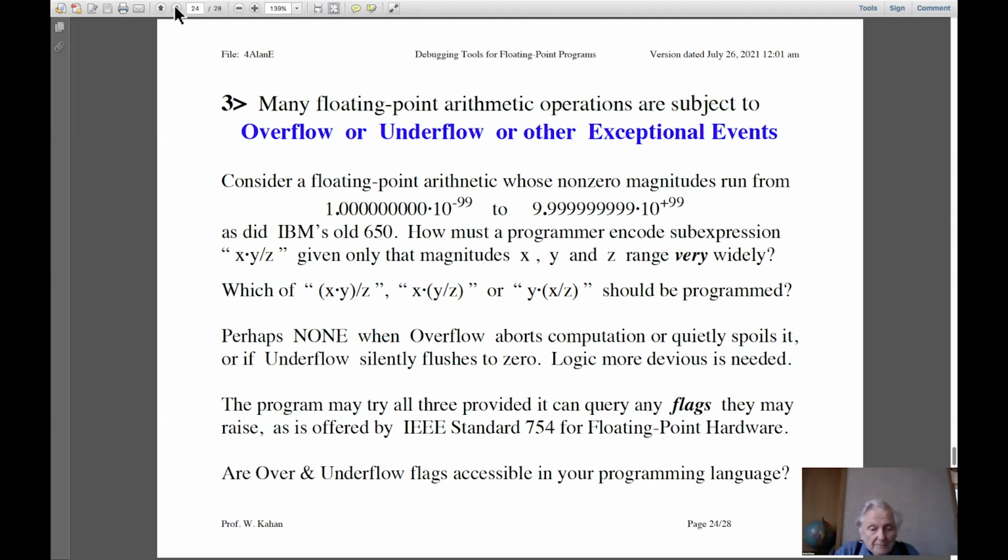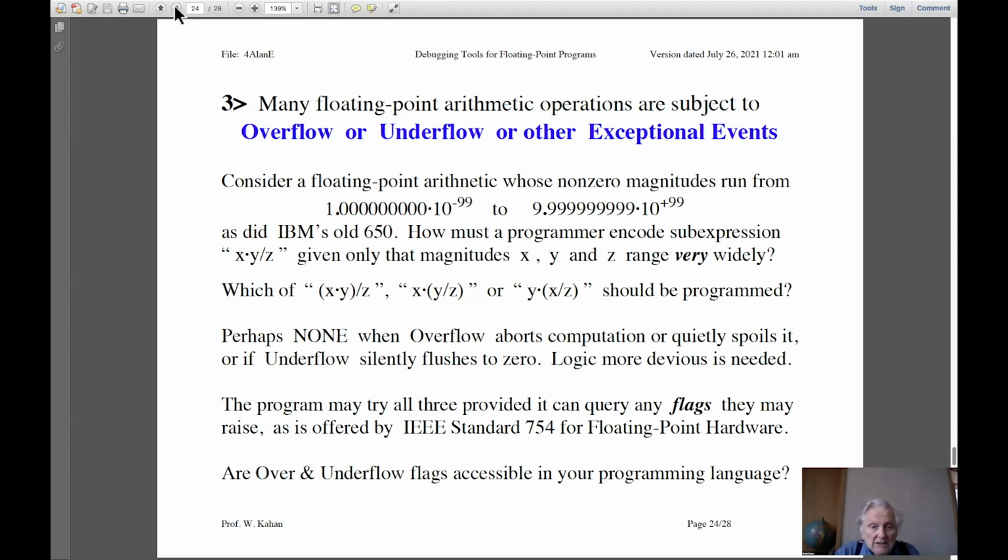Well, if you're convinced that this sub-expression, if computed correctly, would lie well within the floating point range, then what you really have to do is compute all three of them, or at least compute them in sequence.